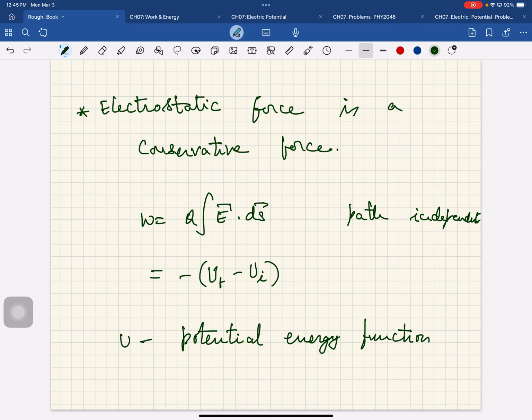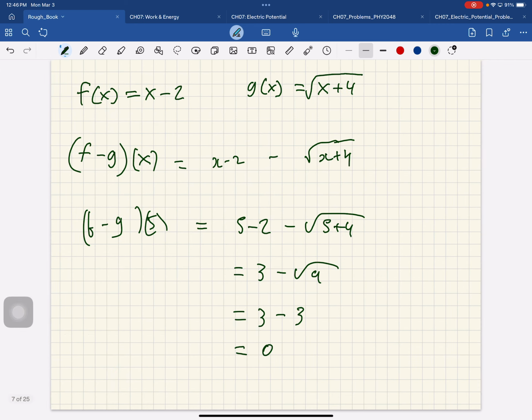Now, you will see this in a second. We will also define something called the electric potential function, and I'll tell you why. The electric potential function is defined as follows.